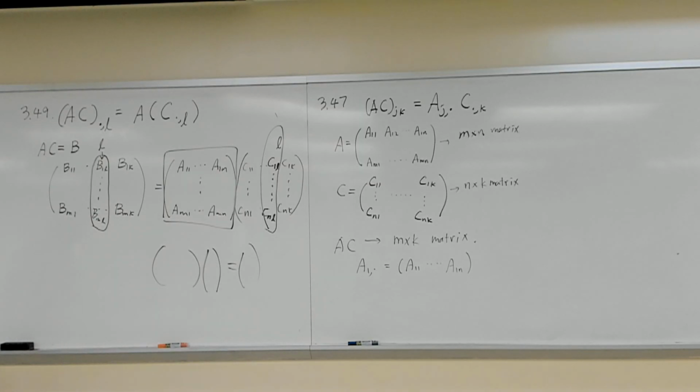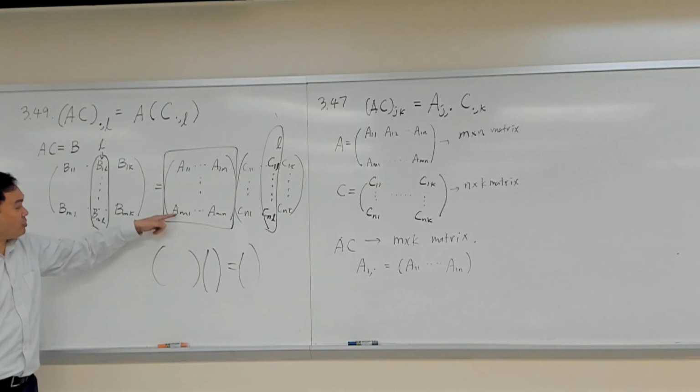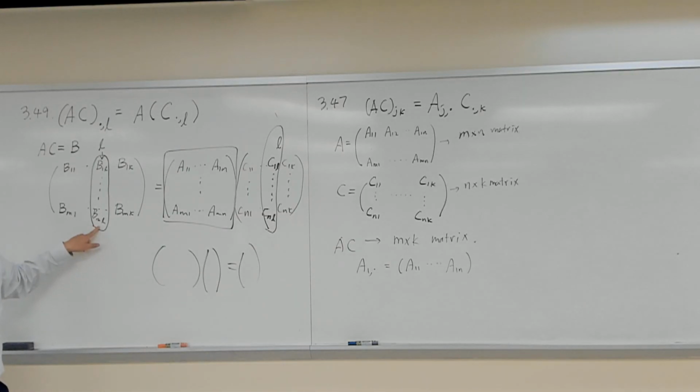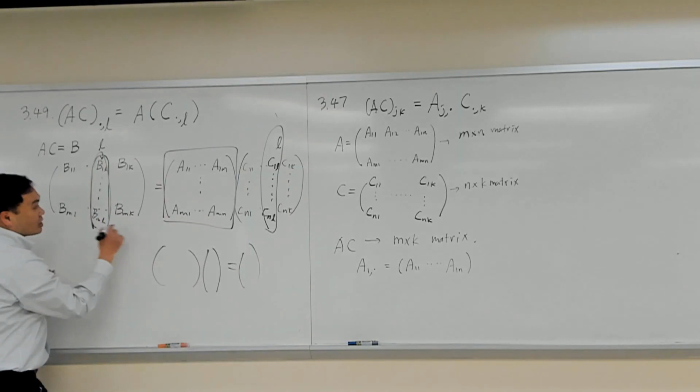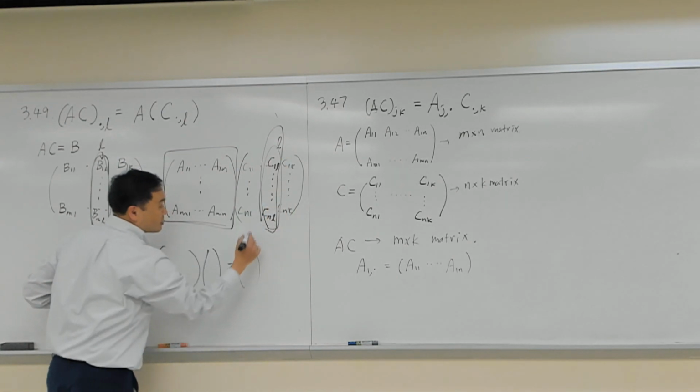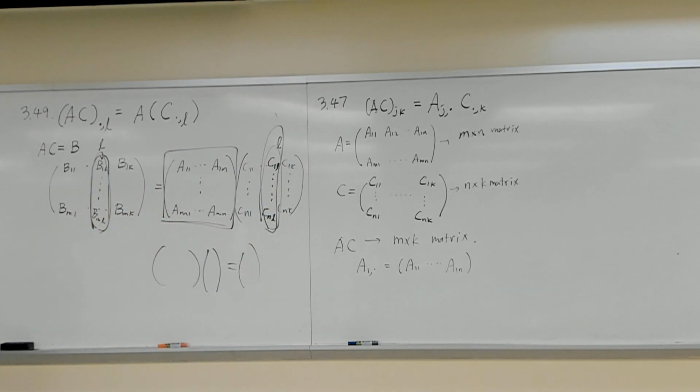The number of rows of this matrix is m, and therefore you're going to get a length m column vector. And this part is exactly the same as this times this. That's what this formula is saying. I'm just teaching you how to read these cryptic formulas, and once you understand their meaning, then the next time you see it, it should make sense.